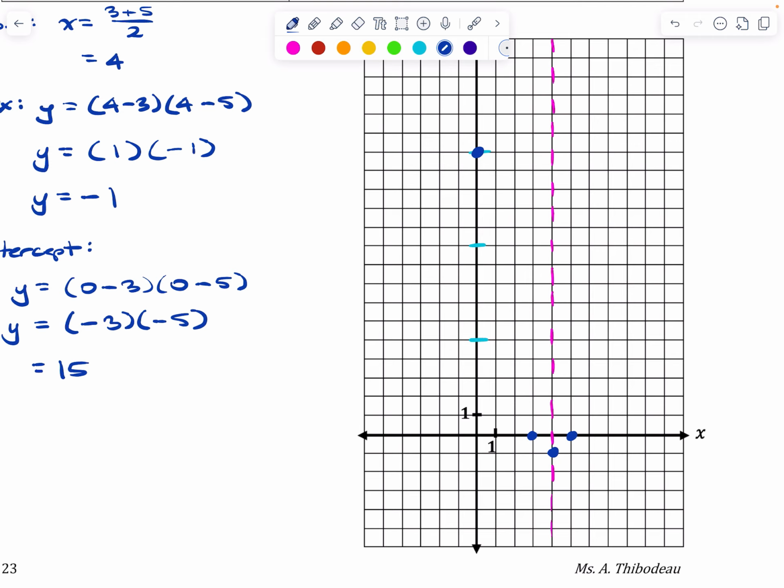And I can get one more point just based on symmetry. Where this y value of 15 is 4 to the left of the axis, 4 to the right, we should get another one. And we can plot that in there.